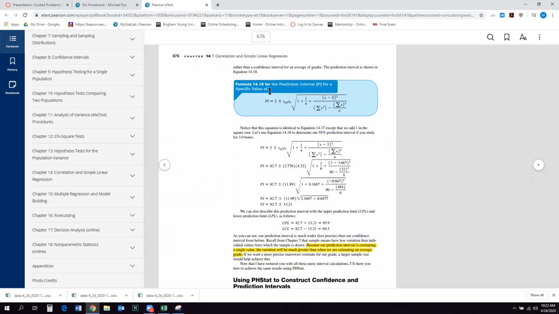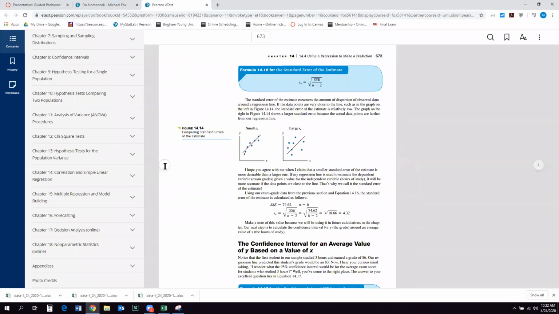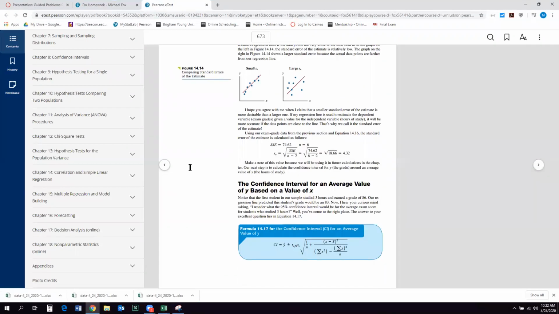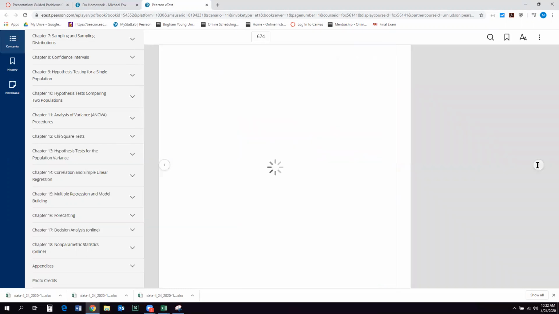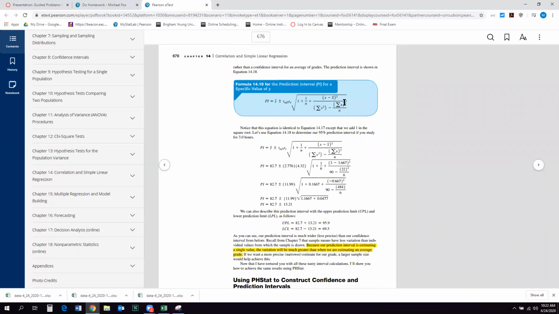Okay, so this is a prediction interval for a specific value of y, but we had a specific value of x, right? Oh shoot, we're doing a confidence interval. This is the confidence interval formula, and it was asking for a prediction interval. The difference is just this 1 plus in it, and everything else is the same. That's frustrating that we spent that long.